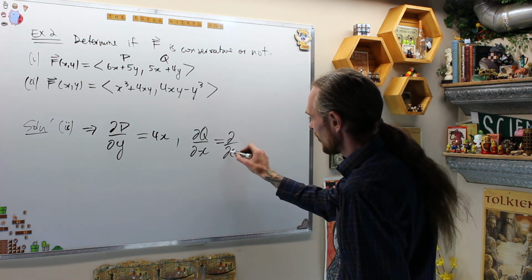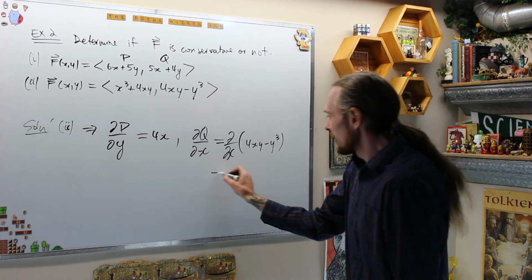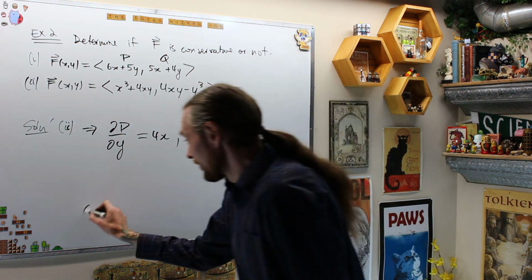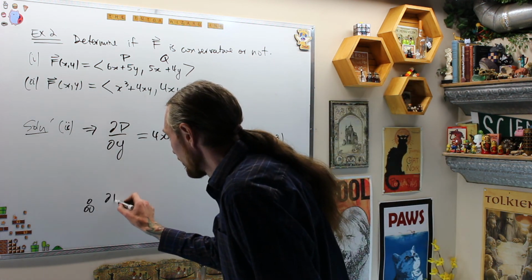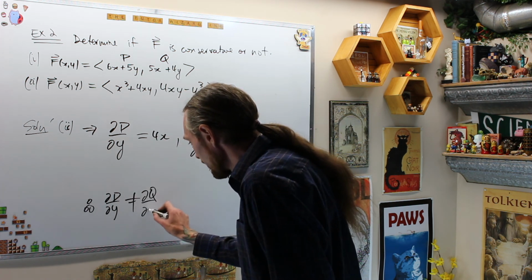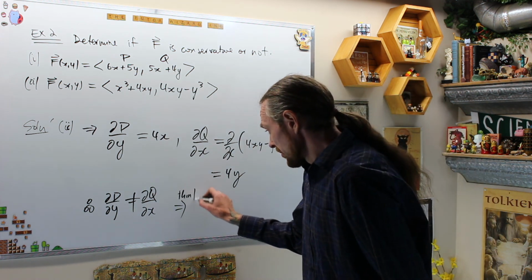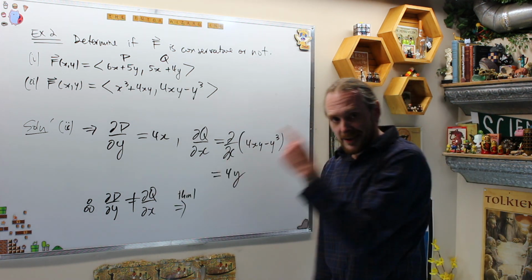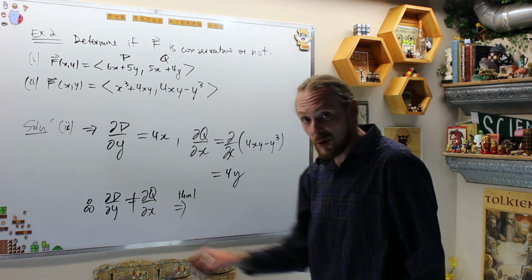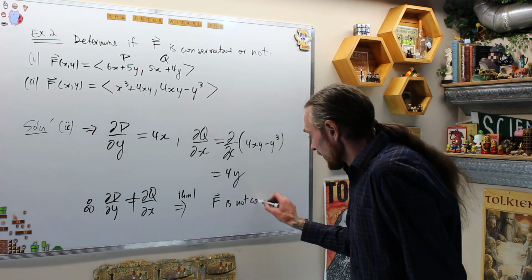But that's the partial with respect to x of 4xy minus y cubed, which is equal to 4y. Therefore, the partial of p with respect to y does not equal the partial of q with respect to x. And so we can immediately use theorem 1. I use Theorem 1 to say, therefore, f is not conservative.